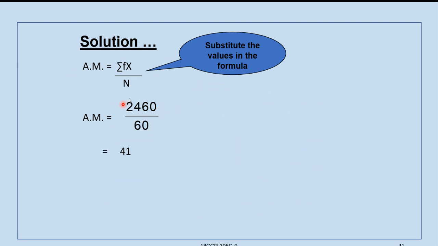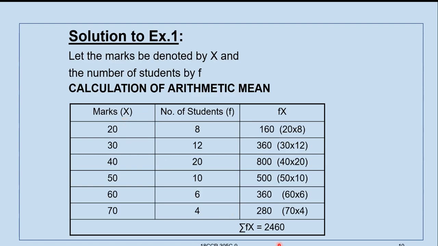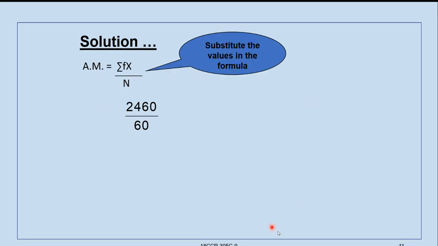So here we have taken 2460, that is sigma fx. And the arithmetic mean is 41 marks. This is calculated under the direct method.